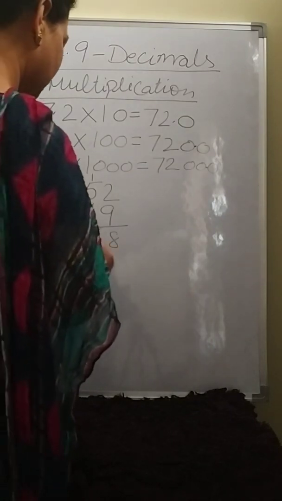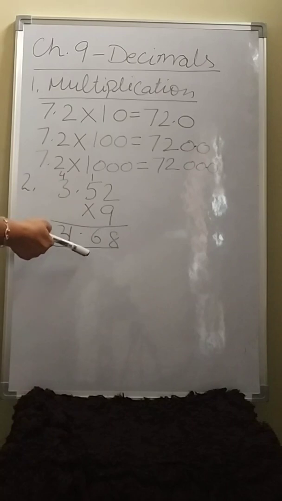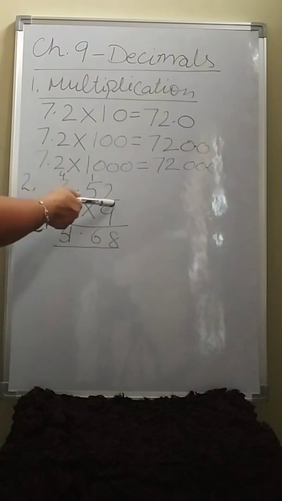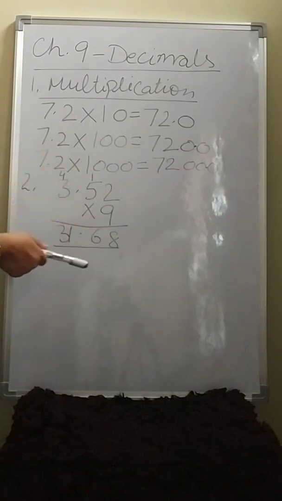So you get the answer 31.68. In the question the decimal was before two digits. In the answer also the decimal is before two digits.